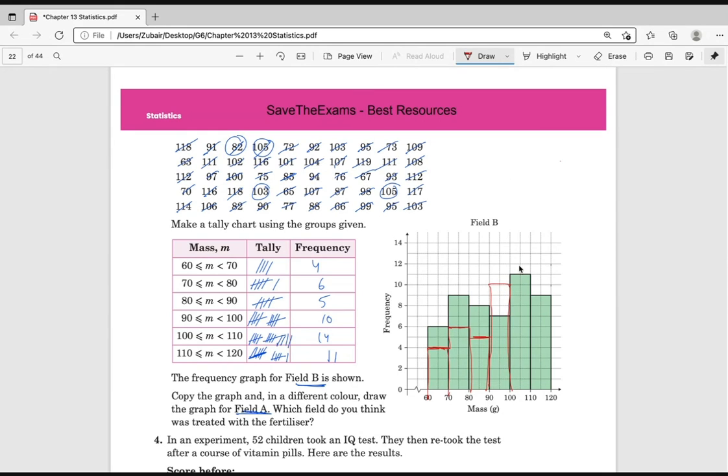Then we have 100 to 110 is 14. And 110 to 120 is 11. So we can clearly see more heights at greater masses for field A.